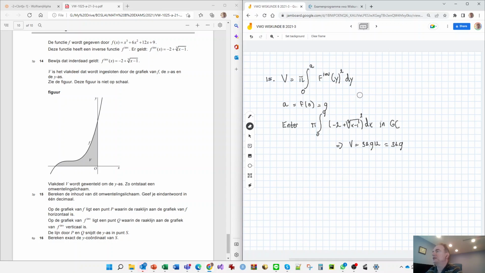But I think this is an expression you can just write down without showing or proving it. And I'm pretty sure that will be okay.